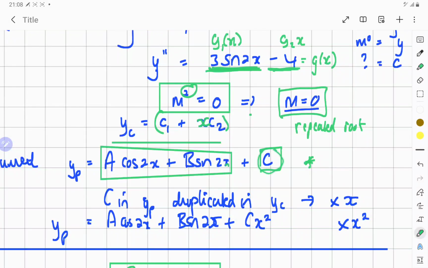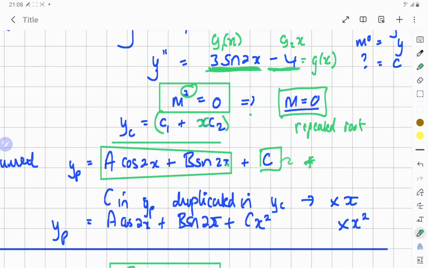No. Is the c repeated? Yes, because they have the same form. Remember, your constants can be different. They don't have to be exactly the same, but this is a constant, so that's repeated. So what must I multiply by? I must multiply by x.